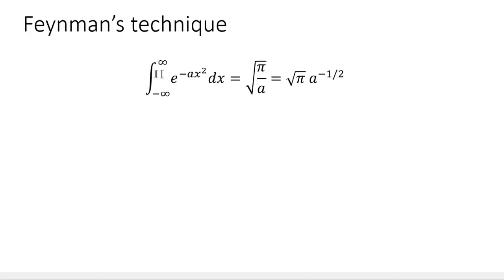So we have this result, which you can rewrite as a to the negative 1/2 power, because square root is the same as 1/2 power, and being in the denominator, you have this minus. There is this famous Feynman's technique: once you have an integral with free parameters in it, it allows you to differentiate both sides by a.